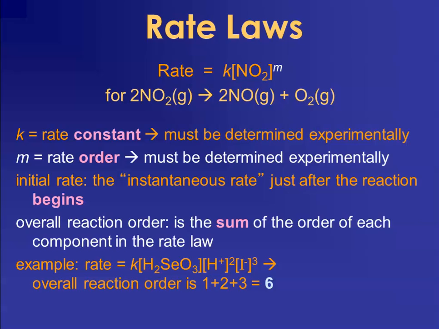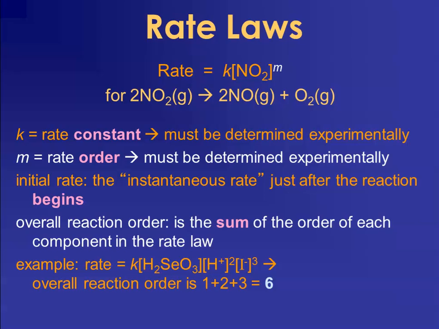All right, so this video is going to describe how we can quantitatively describe the rate of a reaction with a rate law and how we can determine experimentally how the reactants are impacting on the rate of a reaction.